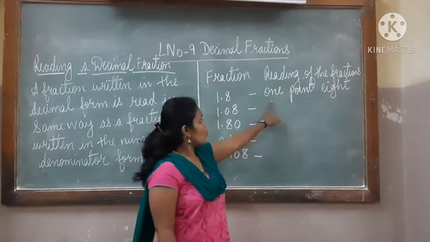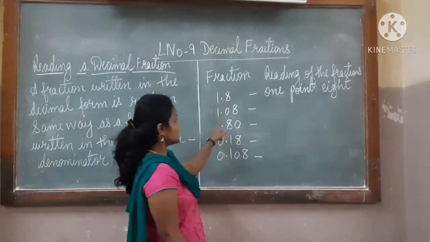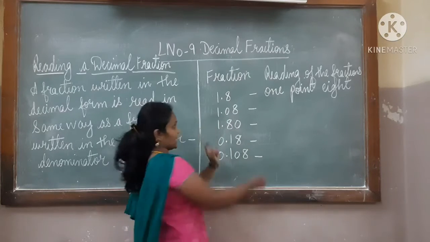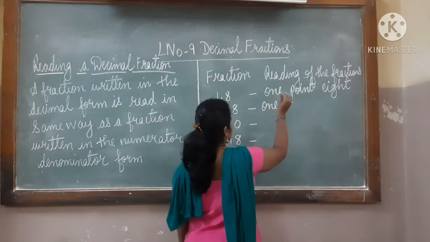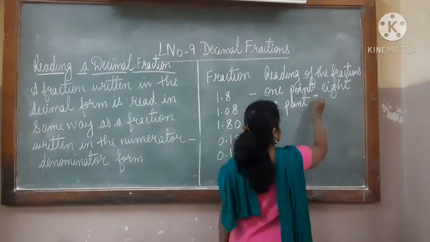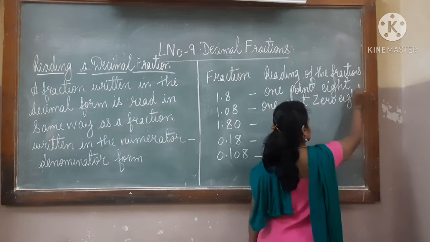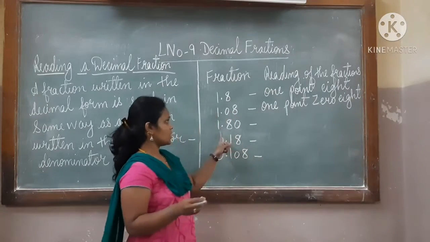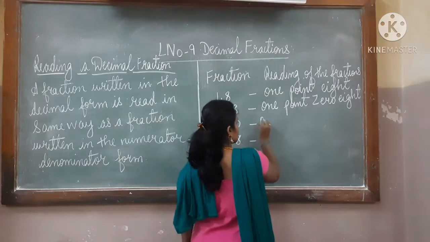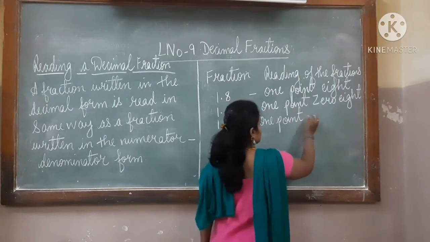What I wrote? 1.8. Second one is 1.08. So here I will write 1.08. Then 1.80. Again you will write 1.80.